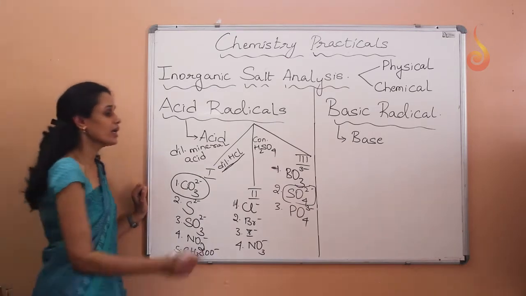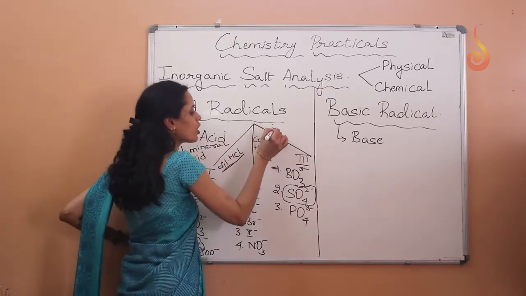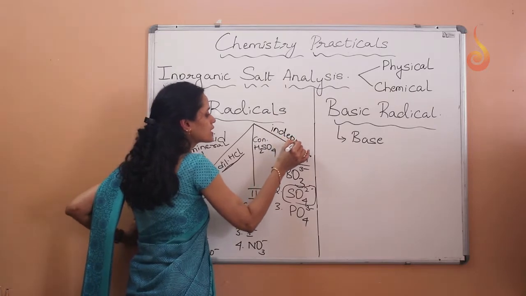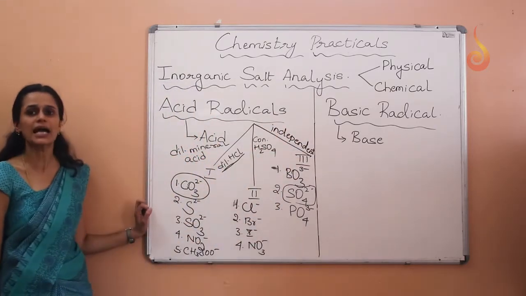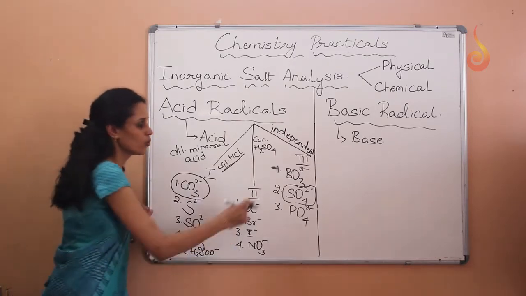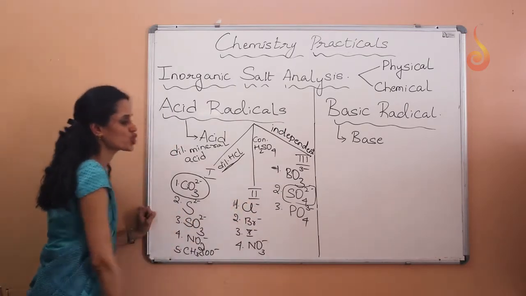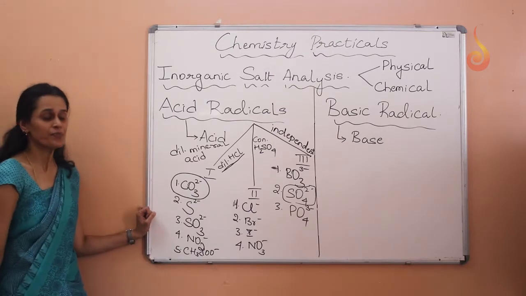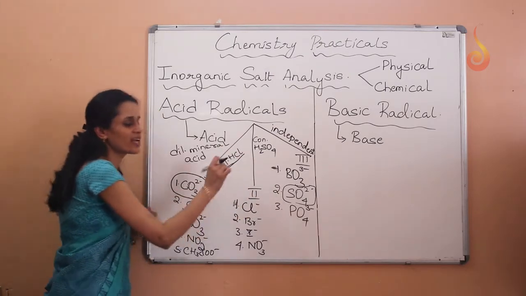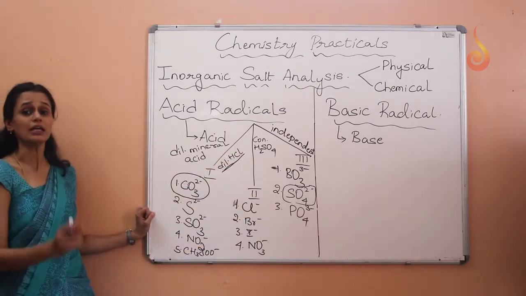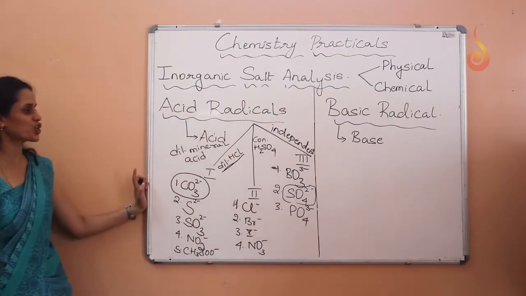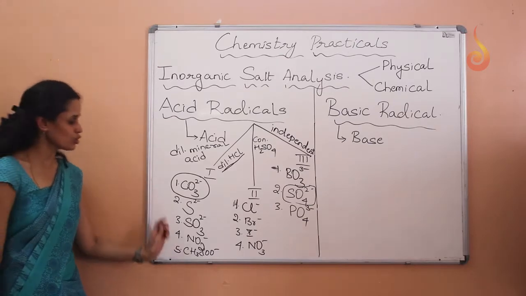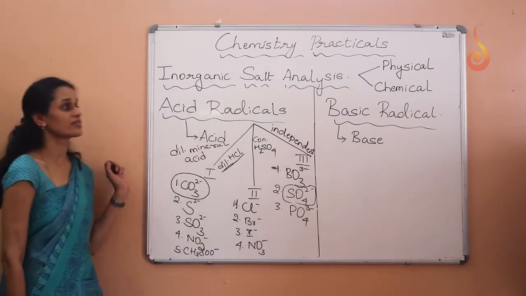So that's why the third group is always considered as an independent group. Therefore, we'll always check each radical, so a particular test itself confirms the radical also. This is how we differentiate acid radicals into 3 groups.